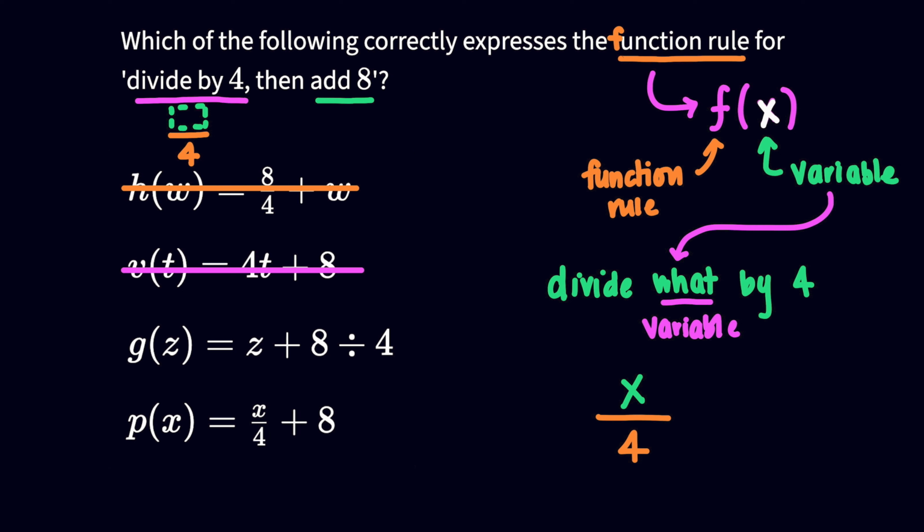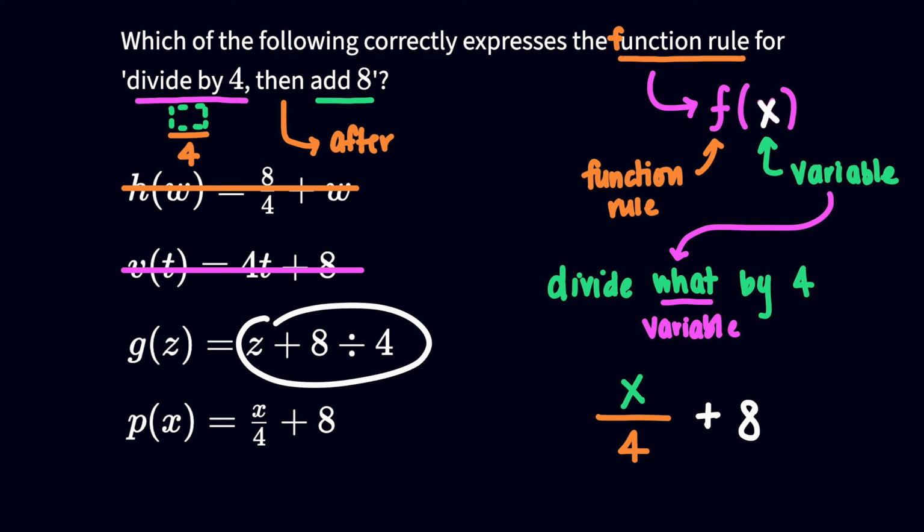Let's just make sure. Now afterwards, right after we do all that, then we're going to take whatever we have as an answer and add 8, literally plus 8. So I'm going to take my x divided by 4 and then add 8. So if that's the case, with this one, this can't possibly be it, because it's not z divided by 4, it's the 8 divided by 4, right?